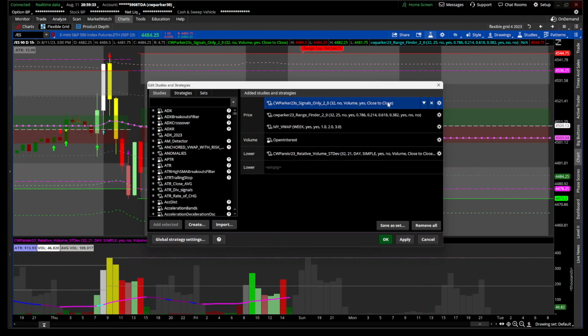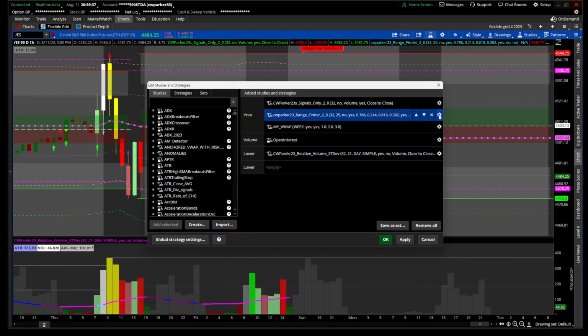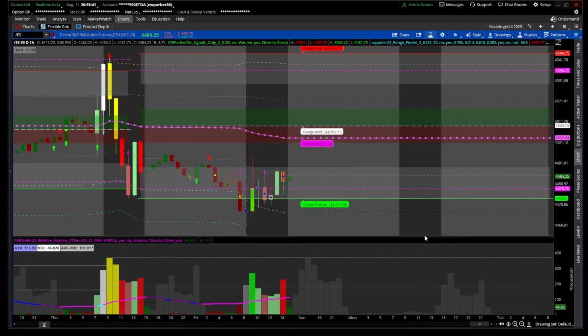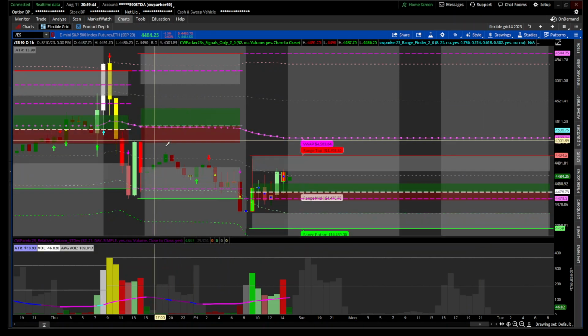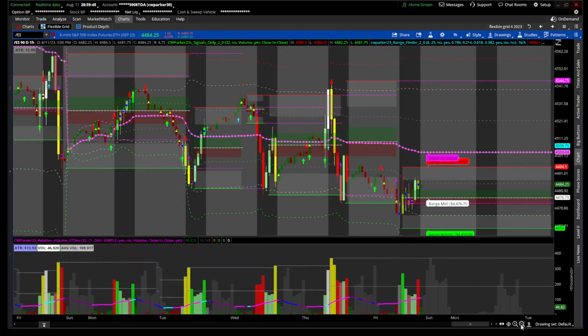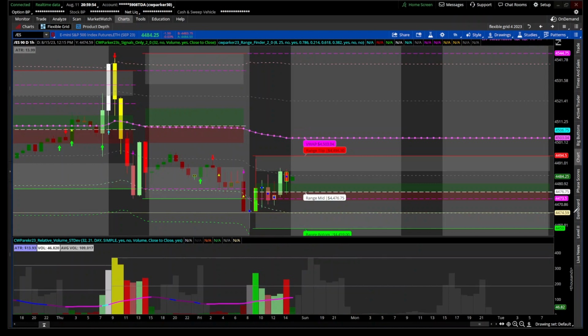So if you want to change this to actually 8, you can do that as well, and you're going to get different ranges for those. But it's faster ranges, and if you're a quicker trader or a faster trader, you can actually push this all the way down to 4.